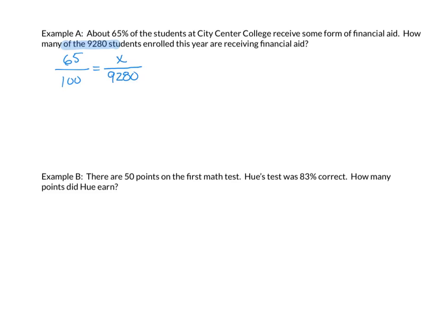So if we go ahead and cross multiply, we get 100x. Using a calculator, I get 65 times 9,280 is 603,200. So 603,200.